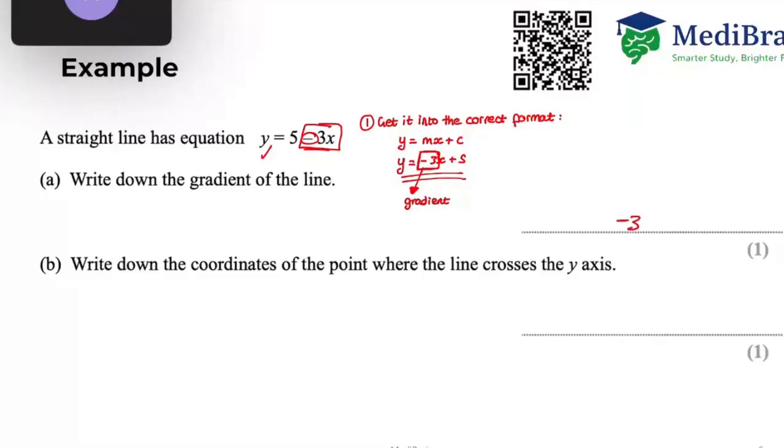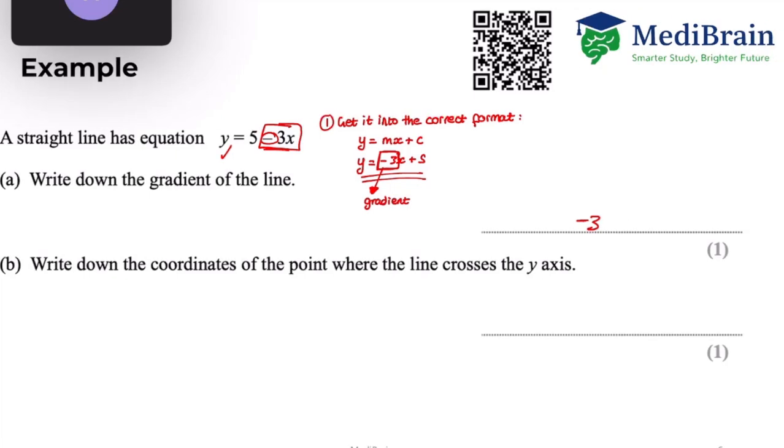And then it says write down the coordinates of the point where the line crosses the y-axis. So remember, the number at the end of the equation will tell you where it crosses the y-axis. That's the y-intercept.